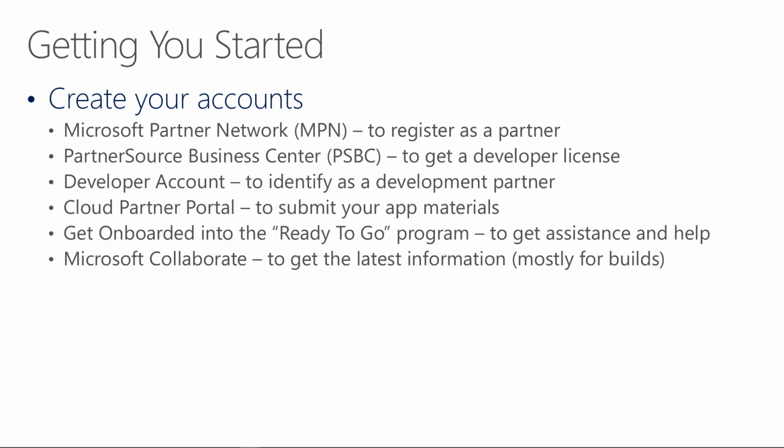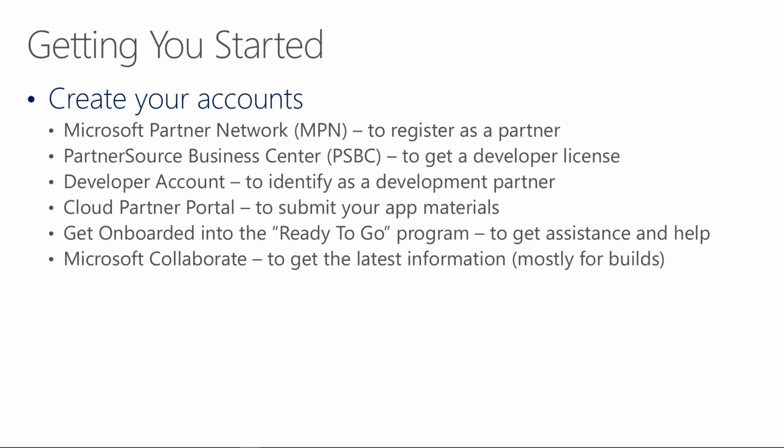For a Connect app, this is not so very important because you won't be developing inside of Business Central, but having the developer license is useful in case you decide to add an add-on app on top of your Connect app to expand the app capabilities. You'll need a developer account to identify as a development partner, a Cloud Partner Portal account to submit your app materials. And so that Cloud Partner Portal is important because this is where the actual app goes.